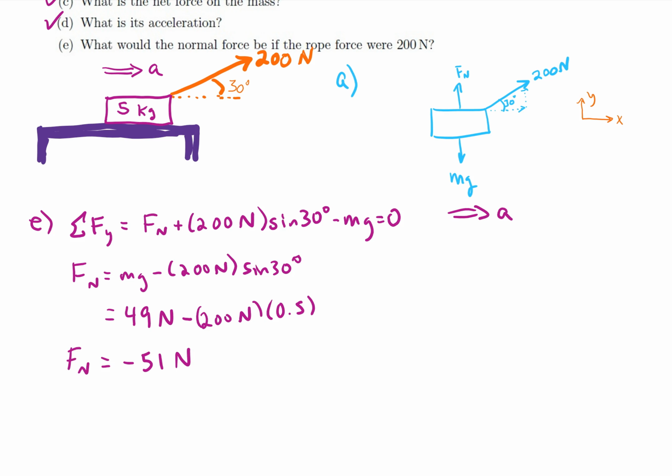So what does it mean that we tried to calculate the normal force and we got something negative instead of something positive? If you want to pause here for a second and think about what that might mean before I move on, now would be the time to pause and think.